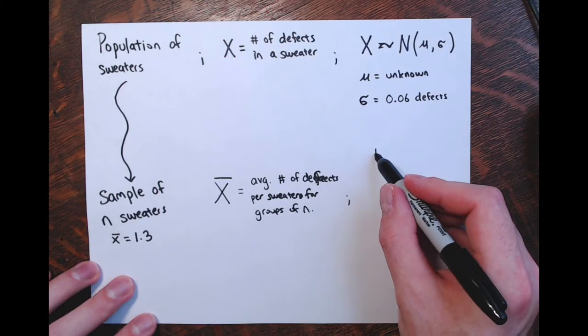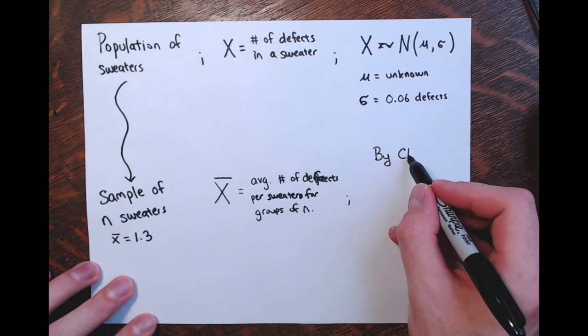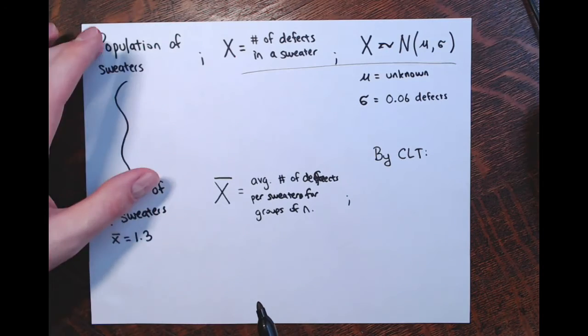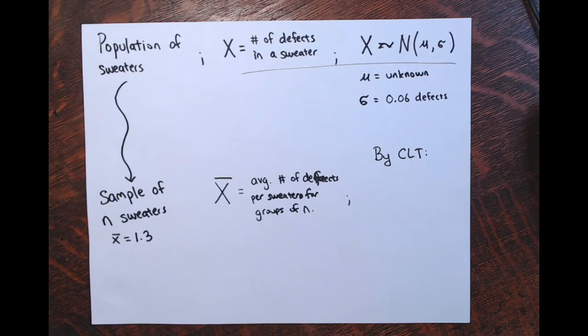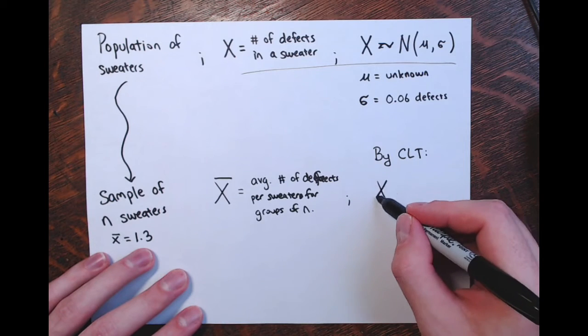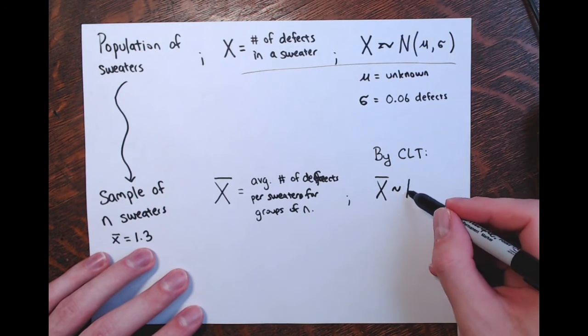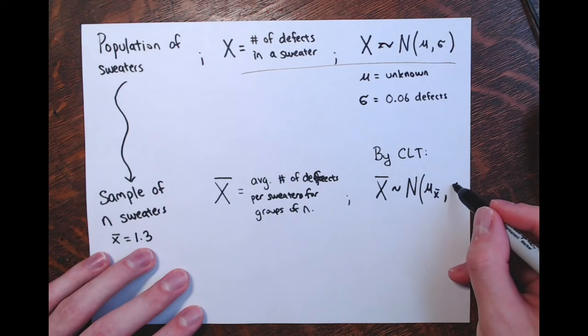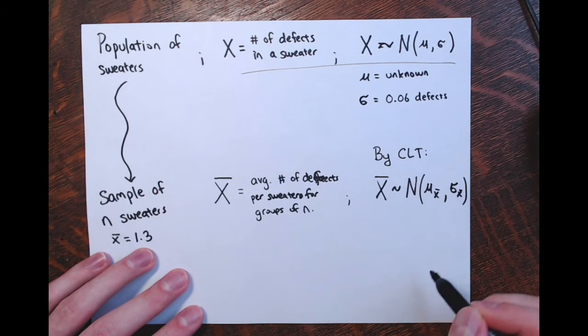Now, by the central limit theorem, right, because the population was normal, no matter what size sample I took, the distribution of the means, all these x bars, would be normally distributed with a mean of mu x bar and a standard deviation of sigma x bar.